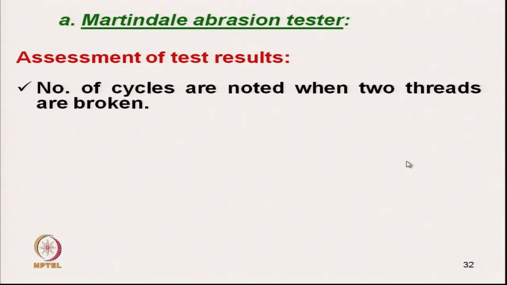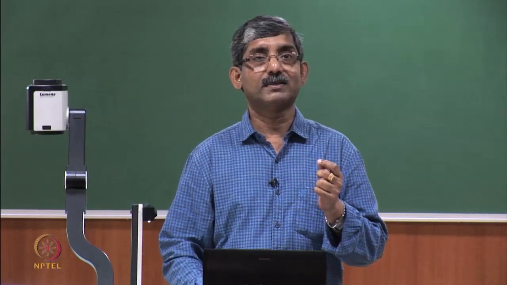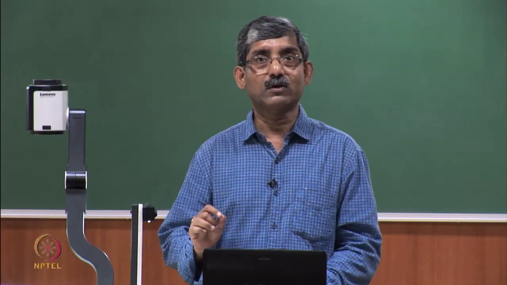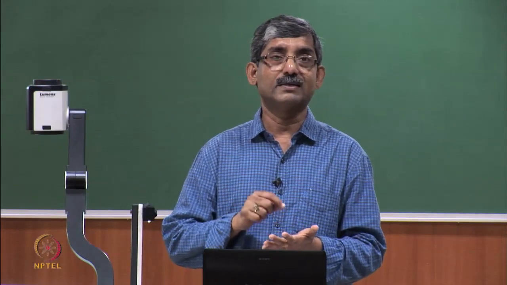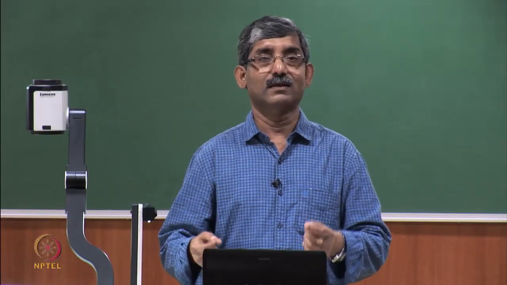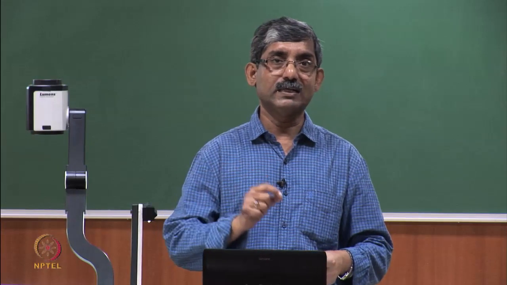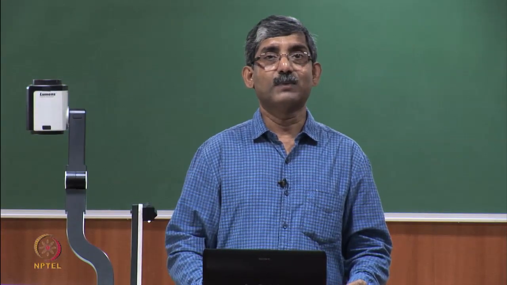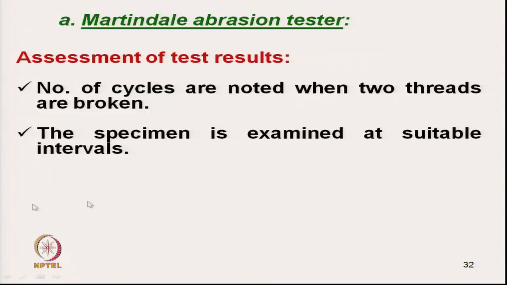Now, here what we do, we have to note the number of cycles when 2 threads are broken. We must stop the test in between, just to see whether the breakage starts or not, and the specimen is examined at suitable intervals.